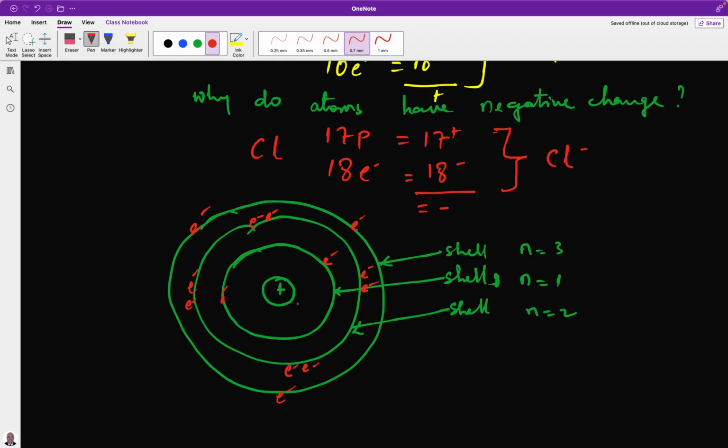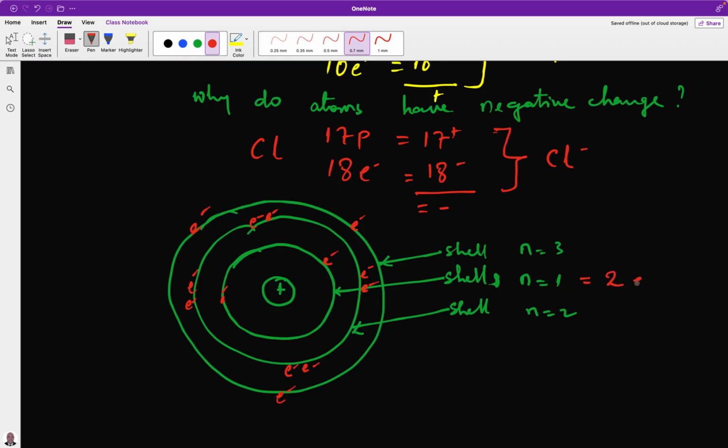According to the rule, the first shell, which is n equals 1 and is closest to the nucleus, is supposed to have how many electrons?